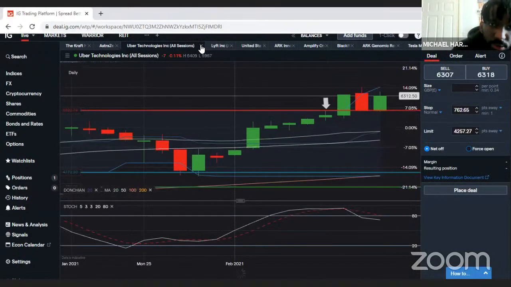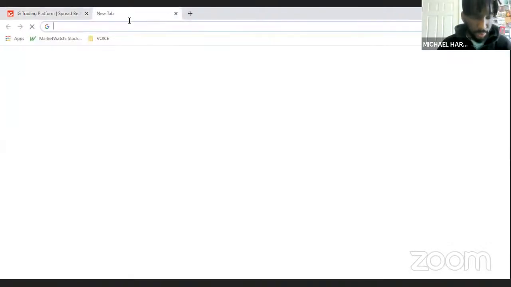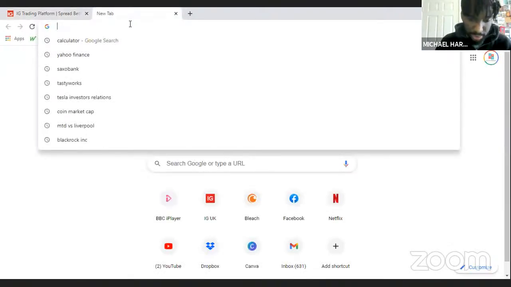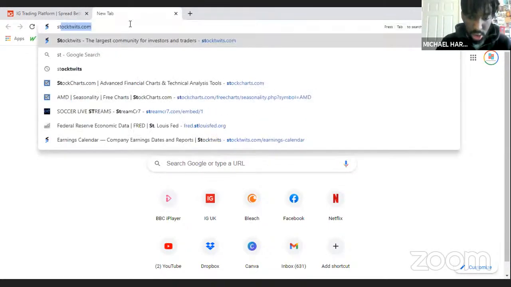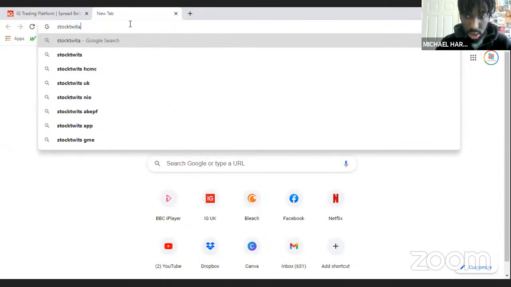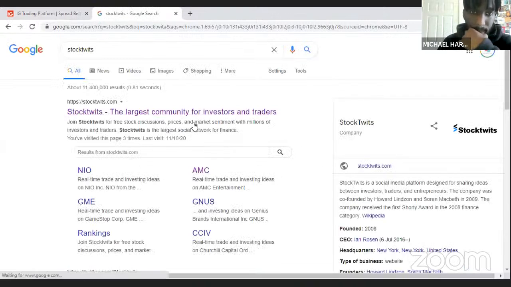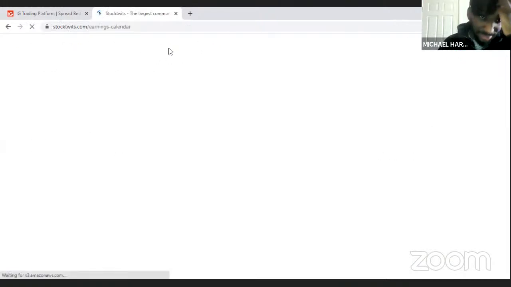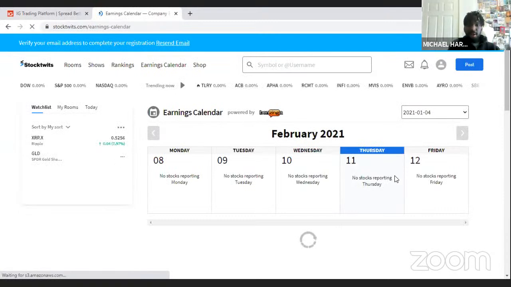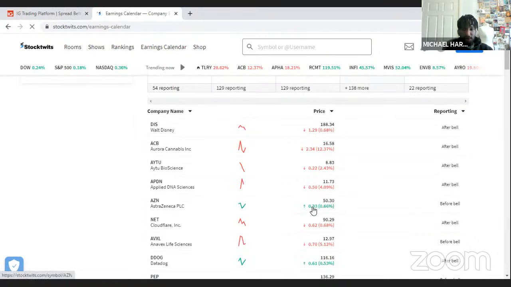Uber, what other earnings was there this week? Just quickly go to stock tweets, and then I'll wrap up. That'd be so funny if AstraZeneca have got their earnings this week, because oh my days, they do.